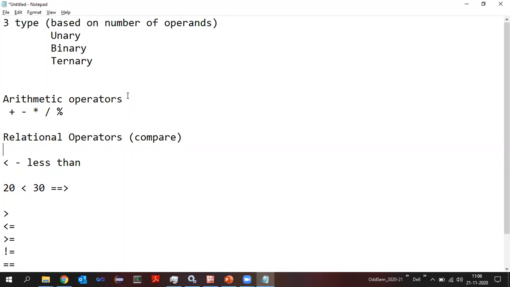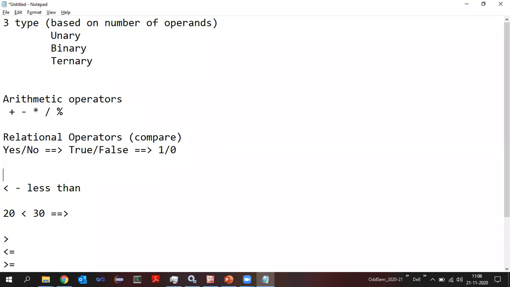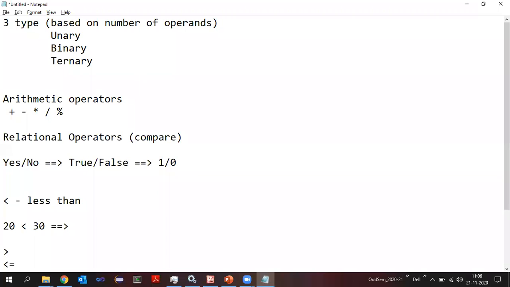Relational operators always give the result in the form of yes or no. In other terms, true or false, or the binary values 1 or 0. Yes, true and 1 are all synonyms, indicating the same result. In the same way, no, false and 0 indicate the same value.